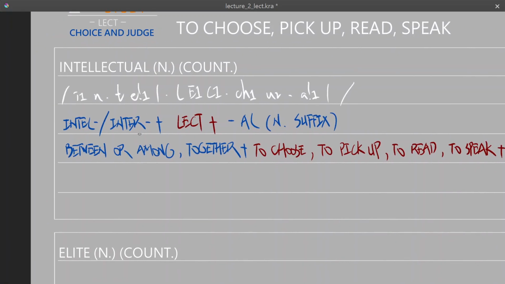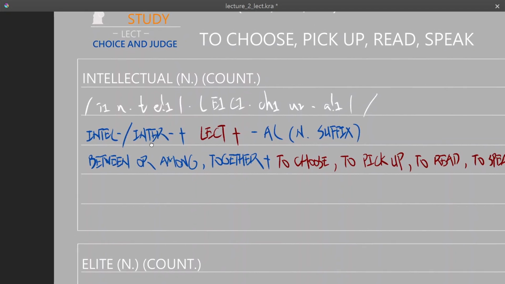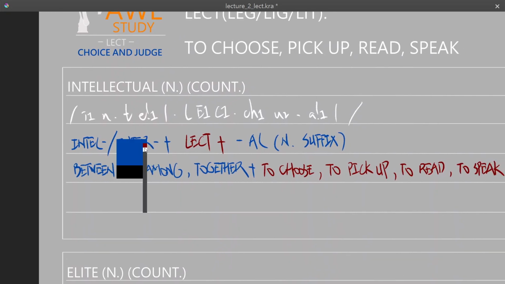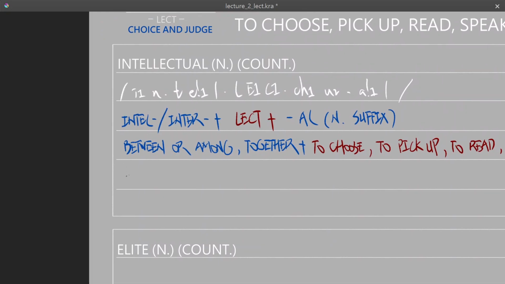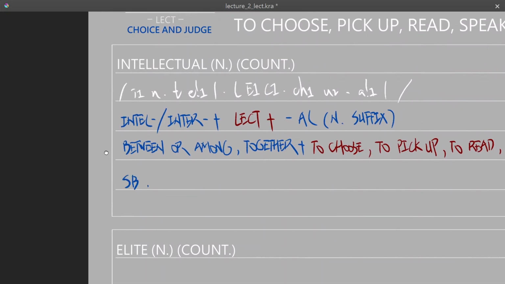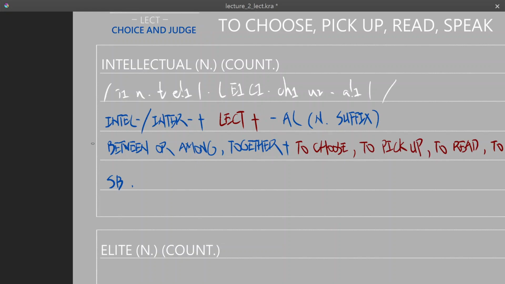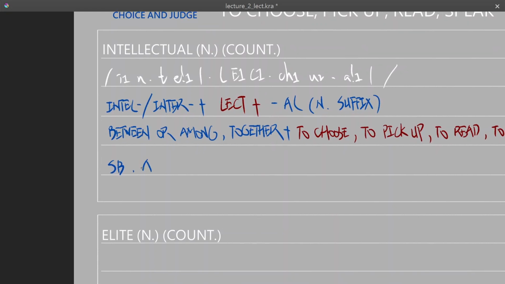So intellectual means what? It is used to describe somebody associated with what?